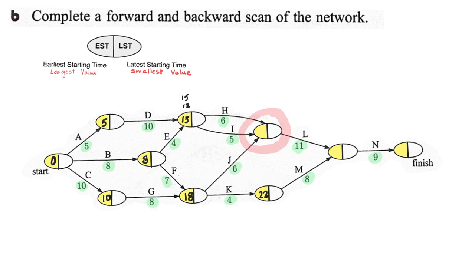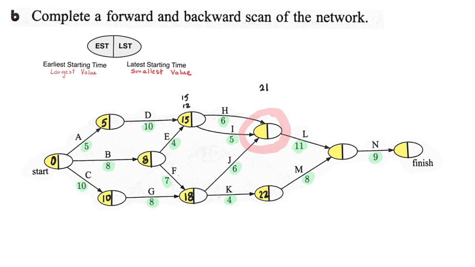To work out the earliest time on this node, we need to take into account that there are 3 tasks that need to be accomplished before we do that. So we try to find the largest value for each task. Working through task H, it will take us 15 plus 6, 21 minutes.